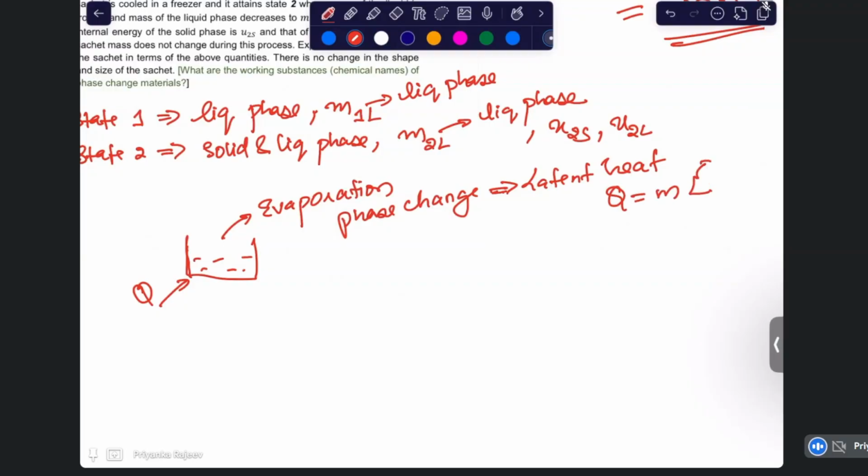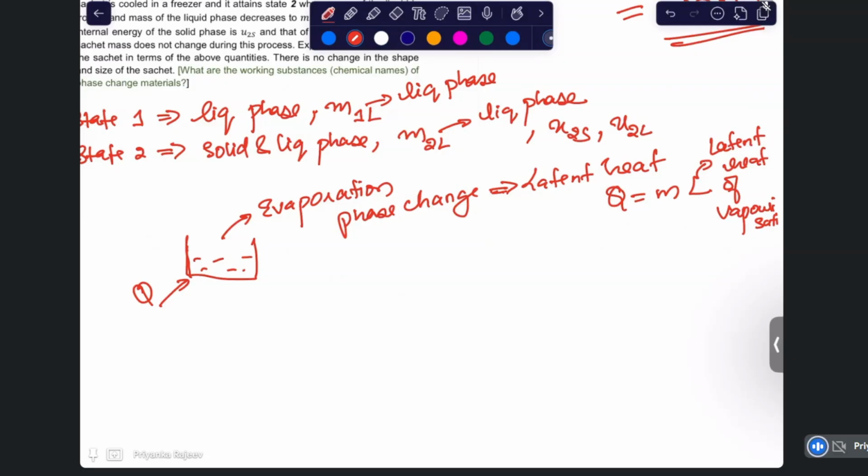L is the latent heat of whichever phenomenon is happening. Here it is the latent heat of vaporization. So Q equal to mL.